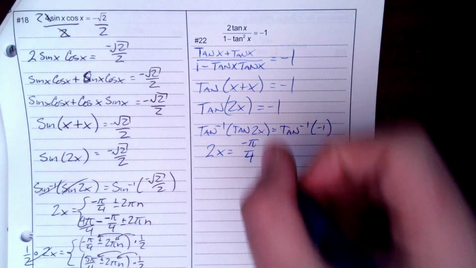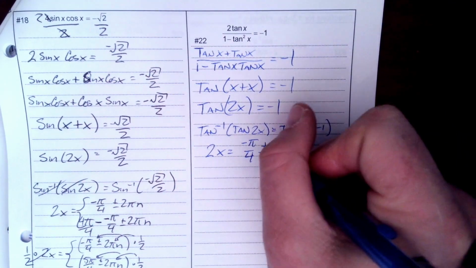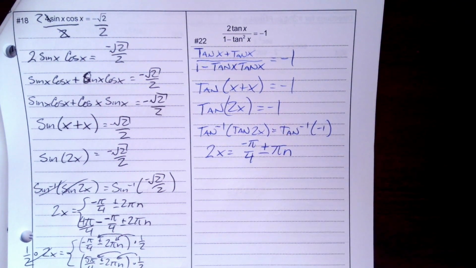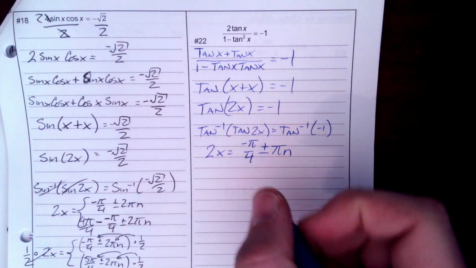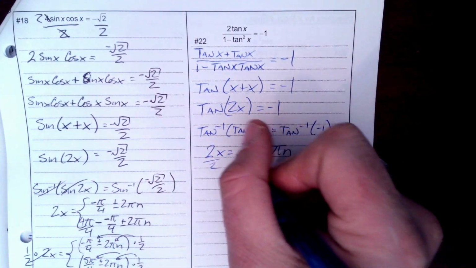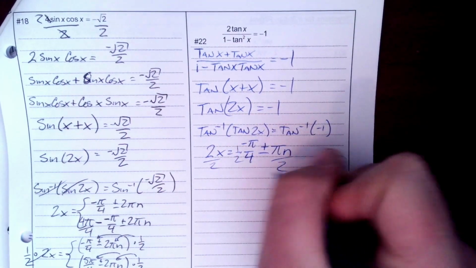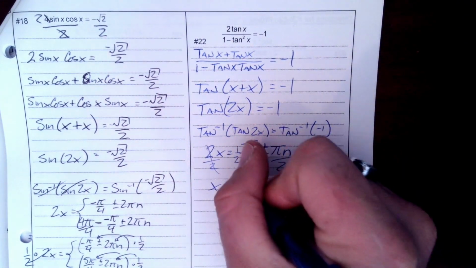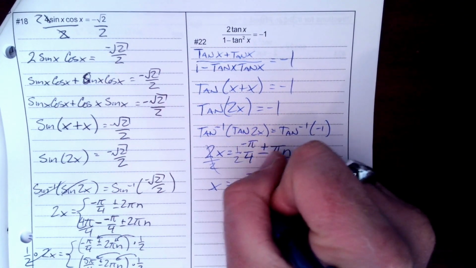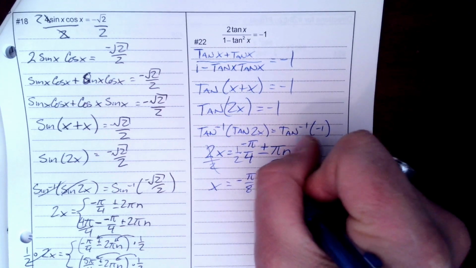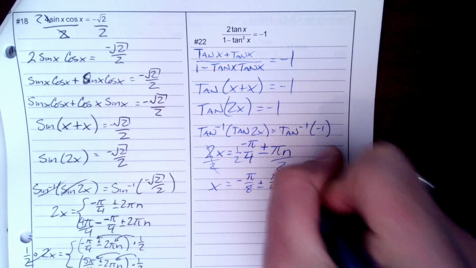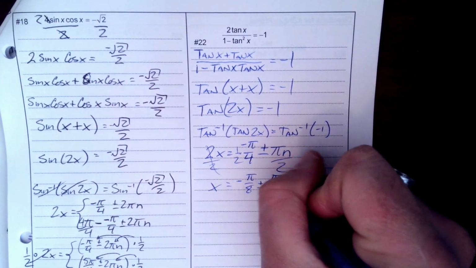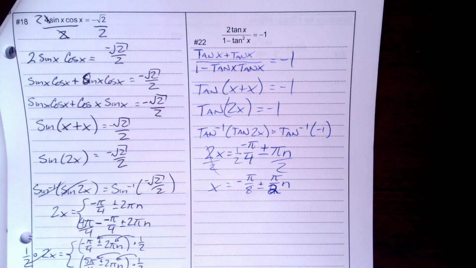But we took an inverse, so negative pi over 4 plus or minus 1 pi n because it was a tangent inverse. Again, we'll divide everything by 2 or multiply by a half, and x equals negative pi over 8 plus or minus pi over 2 n. Sorry, pi over 2. I don't know where that 4 came from.